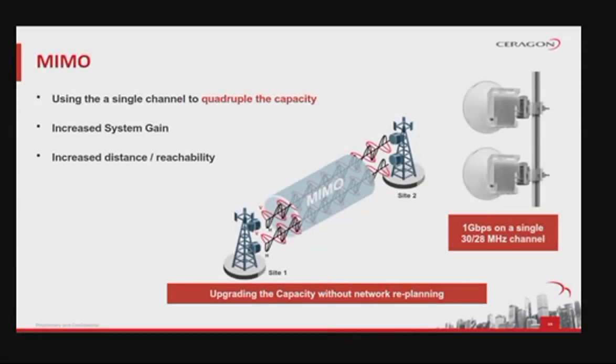The 4x4 line-of-sight MIMO feature adds yet another element of scalability, enabling operators to quadruple capacity with the addition of a single IP-20C unit and antenna at each end of the link, while utilizing the same exact frequency channel with no network replanning.